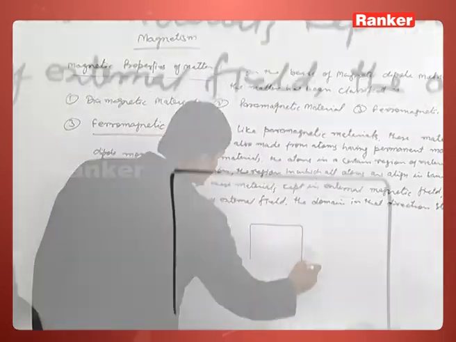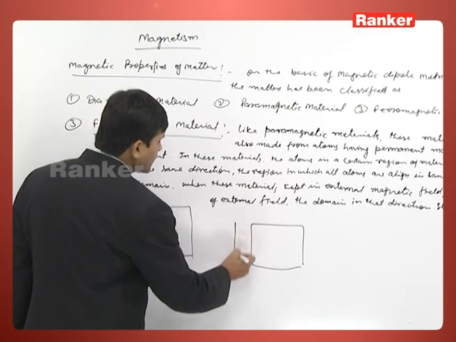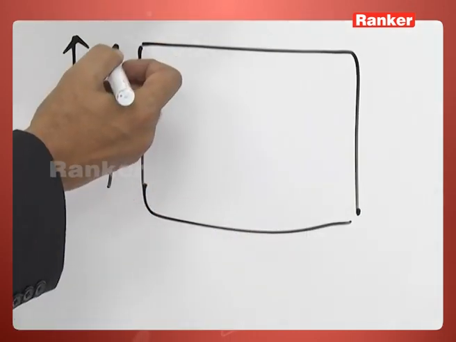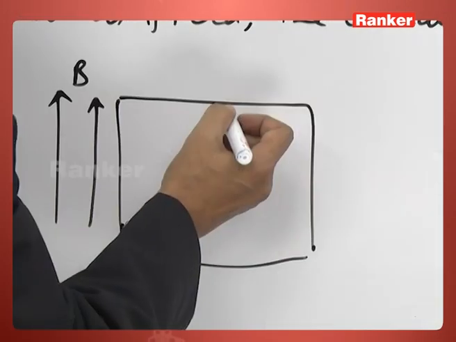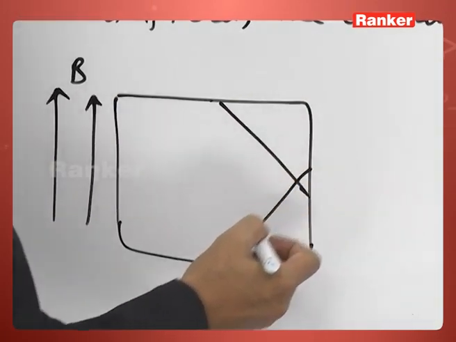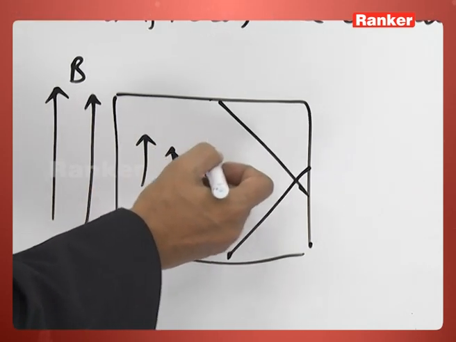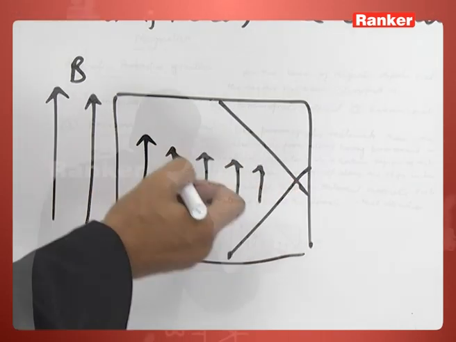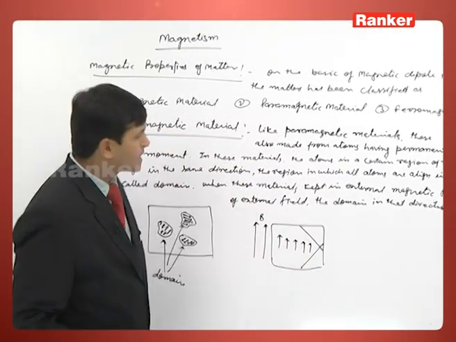Suppose here we apply an external magnetic field in this direction. Due to the effect of this external field, we will have bigger domains, or a bigger number of atoms aligned in that direction.